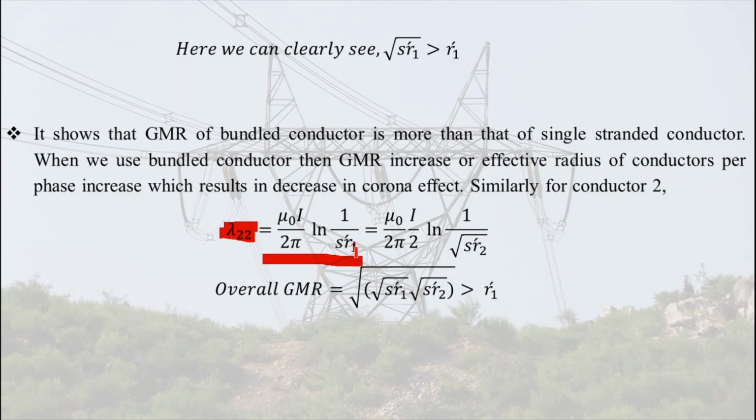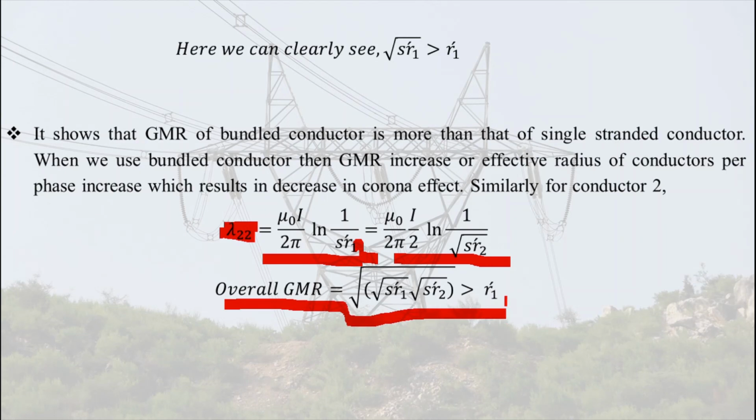So overall GMR will be, adding both flux linkages lambda A1 and lambda A2, under root s r1 dash under root s r2 dash. So again if you see this overall GMR, it is again greater than r1 dash. So it shows that GMR of bundled conductor is more than that of single stranded conductor.